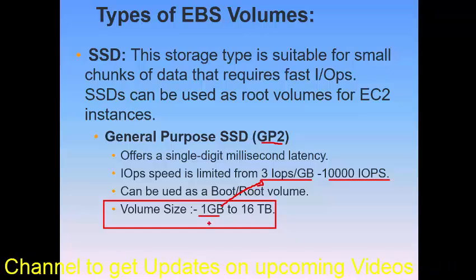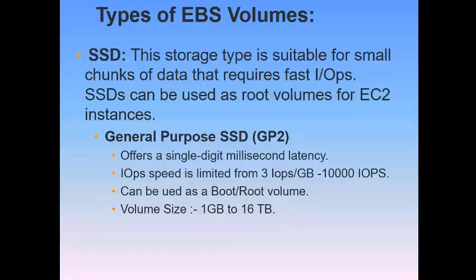At 10 GB, how much IOPS will you have? 30 IOPS. But the maximum can be 10,000. And size is 1 GB to 16 TB. So that's general purpose.